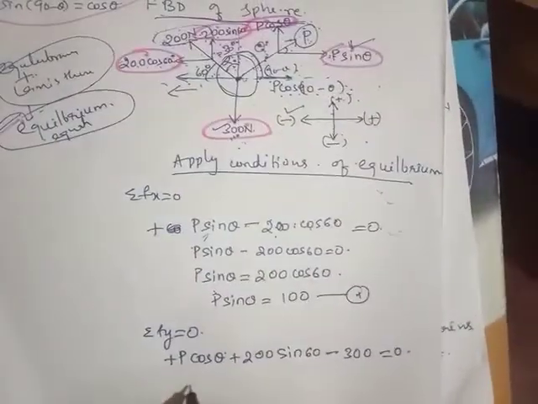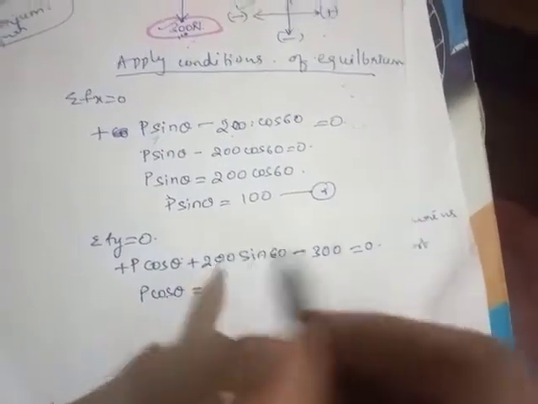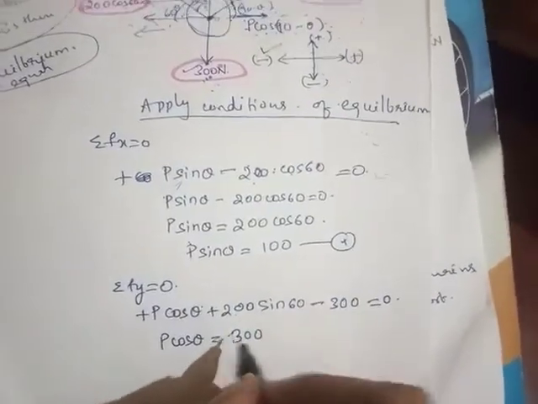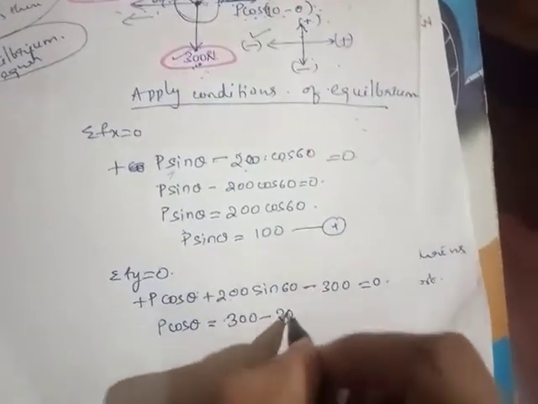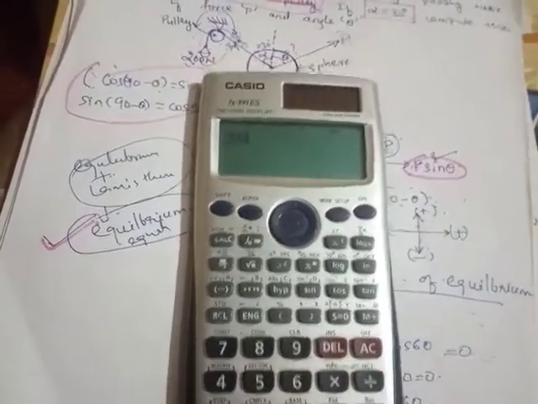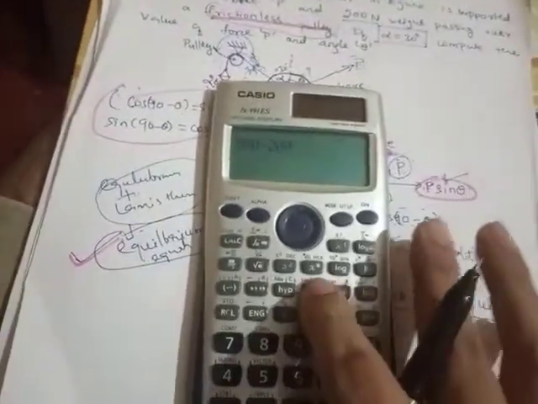Shifting to the right hand side, the sign gets changed. So P cos theta equals 300 minus 200 sin 60.